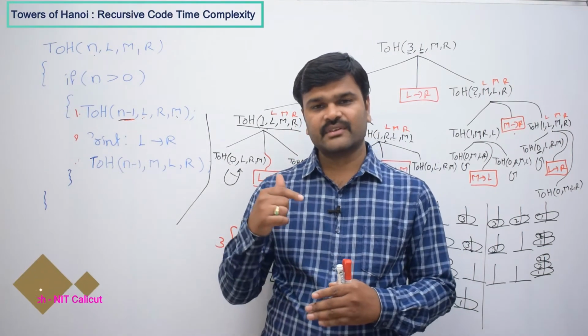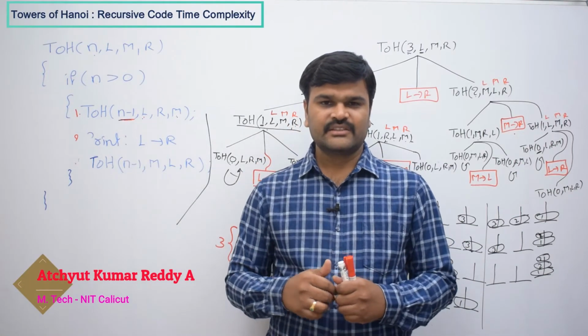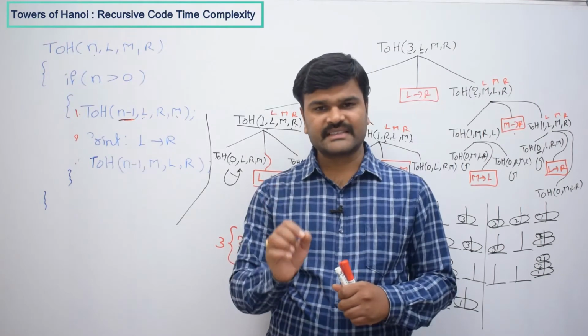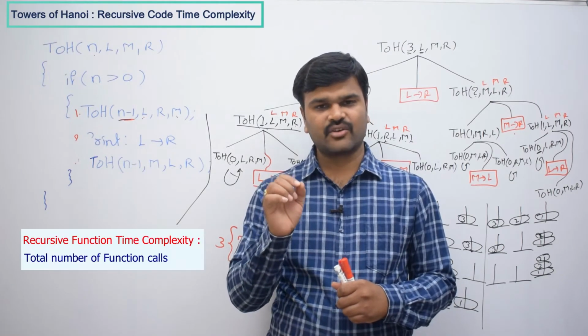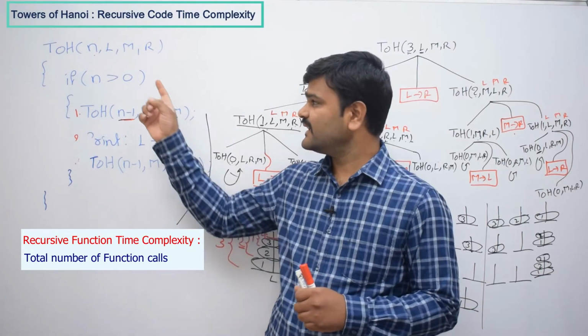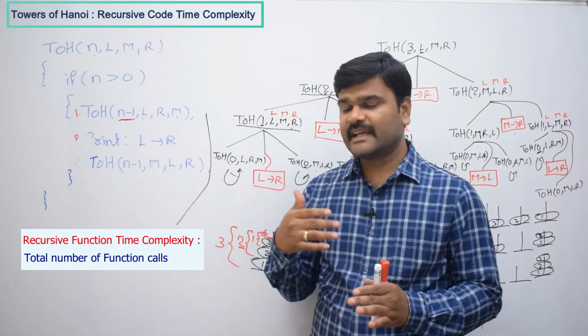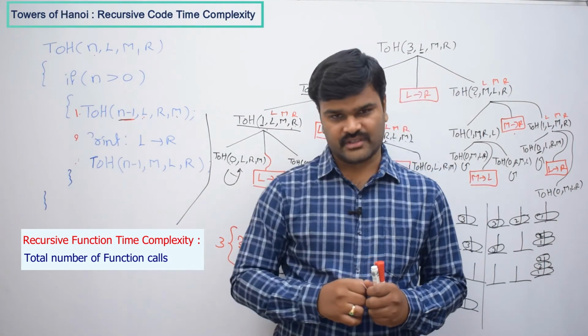Now in case of recursive functions, what is the time complexity? So the total number of invocations, that means total function calls, will become the time complexity for that particular recursive function. That means how many times in total this function is called.